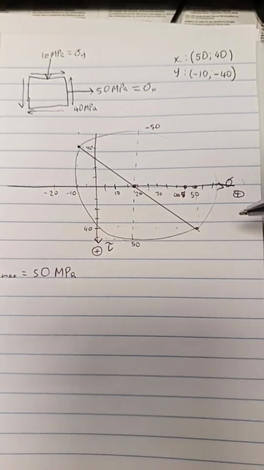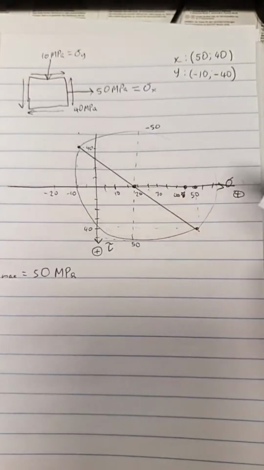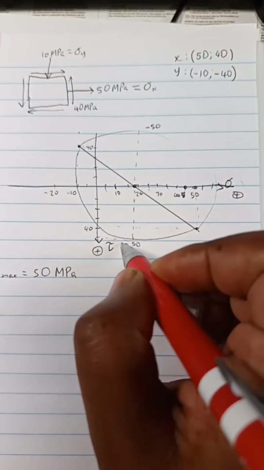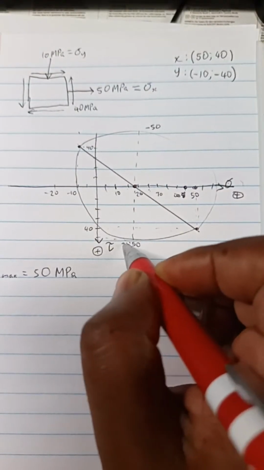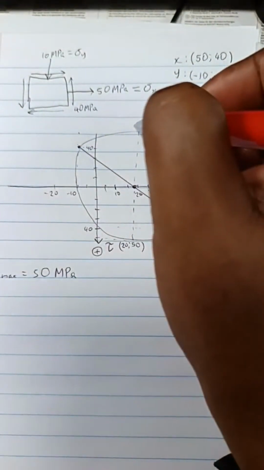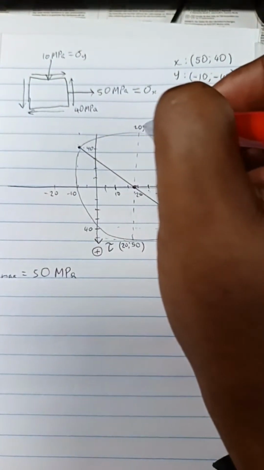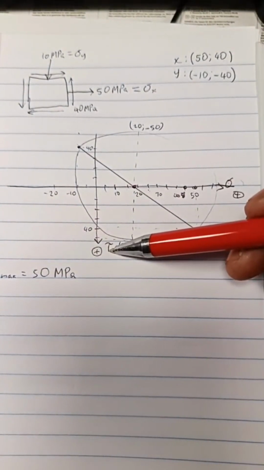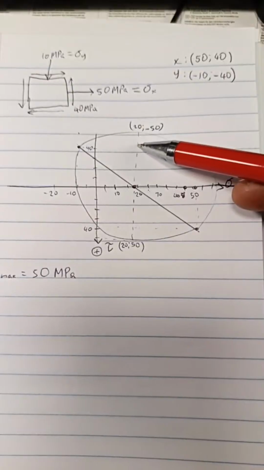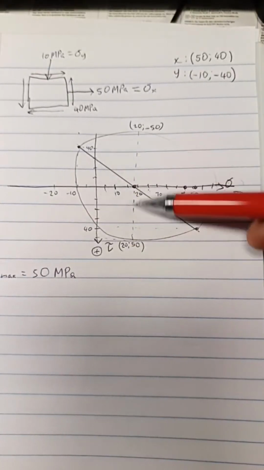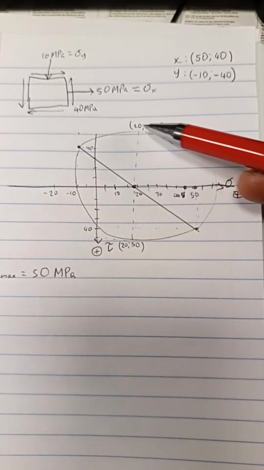Then the second one that they asked for, they said as well as principal stresses. What are principal stresses? Here it will be 20 and 50. Then there it will be 20 and minus 50. Now, for you to get the maximum shear stress, you must have a mean value for the normal stresses. So the normal stresses will be the same.